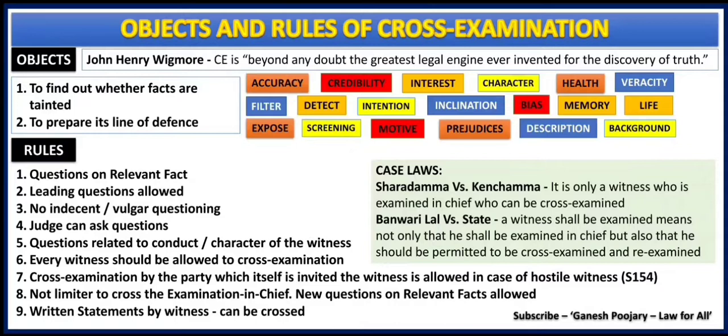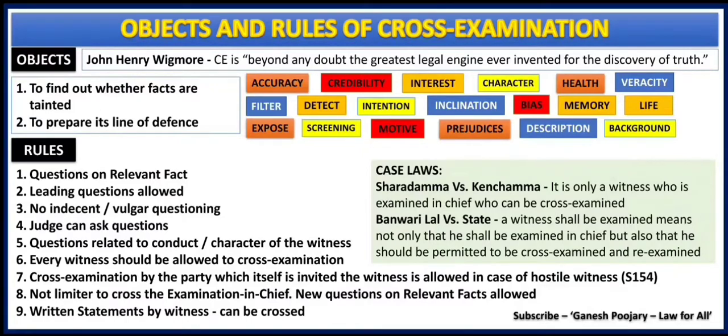The advocate can filter what are the truths and what are the statements which are lied about by the witness. All of that can be done. He can also detect and help the court to understand the realities of the case. He can also expose the intention of the witness.